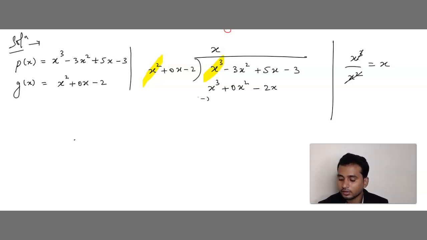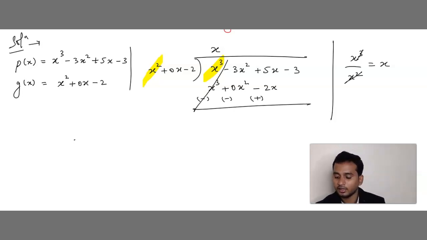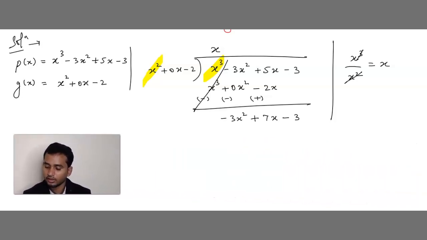Next minus, minus, and this is plus. So plus x cube minus x cube will cancel. Minus 3 minus 0 is nothing, so we take minus 3x square as it is. 5 plus 2, that is plus 7x. And this minus 3 as it is.